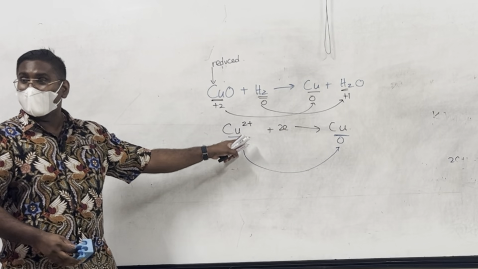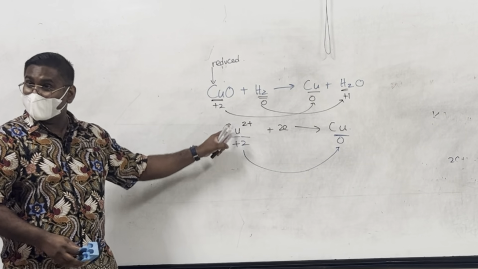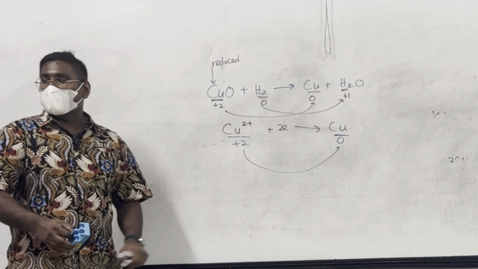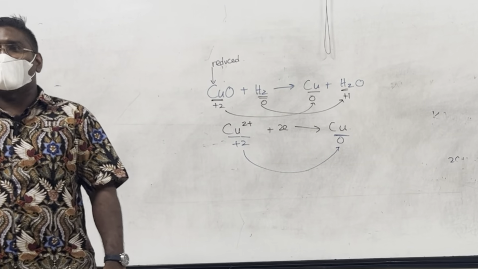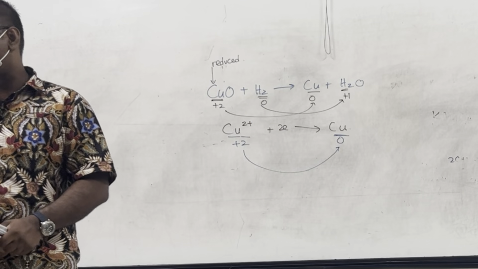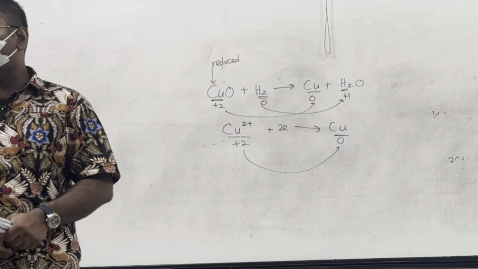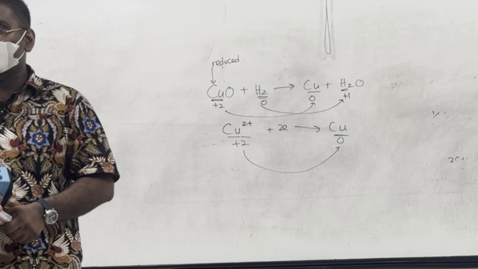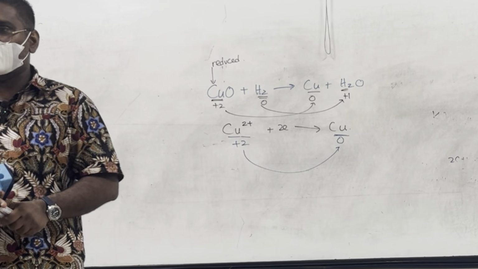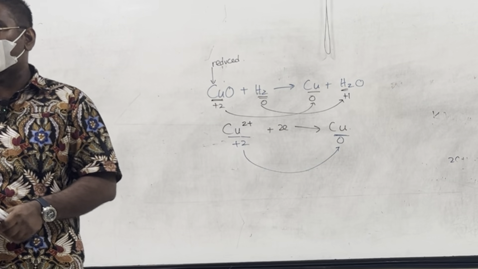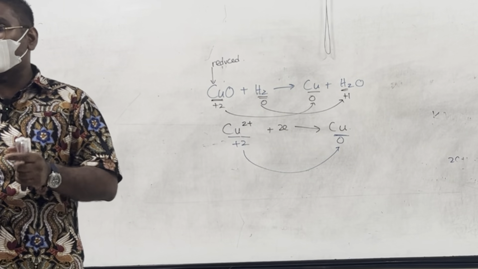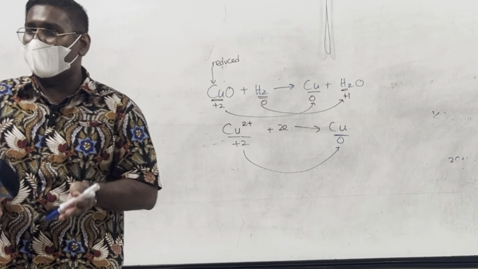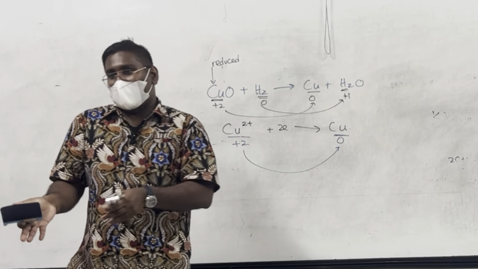This one, because it's an ion. Remember when we look at the general guideline to follow, ions will follow the charge. Copper 2+. But we are talking about the ionic equation. If you have an ionic equation, you just follow the ion.